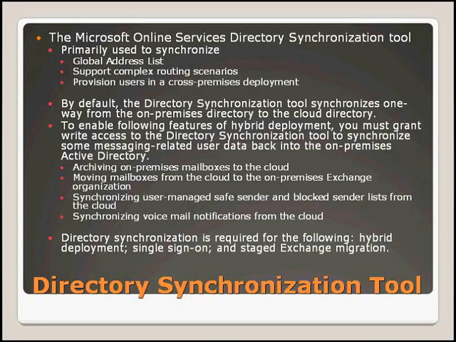Now, basically, DirSync is the only option that you should be using when you are trying to synchronize with a Microsoft Office 365 directory. I'm not saying there is no third party to do a synchronization, but I'm talking about directory synchronization to a Microsoft Online Active Directory.